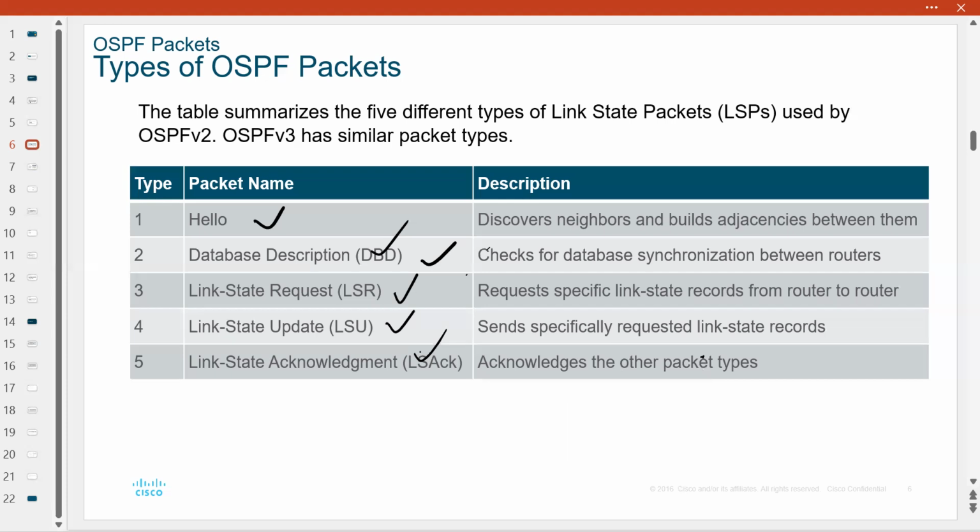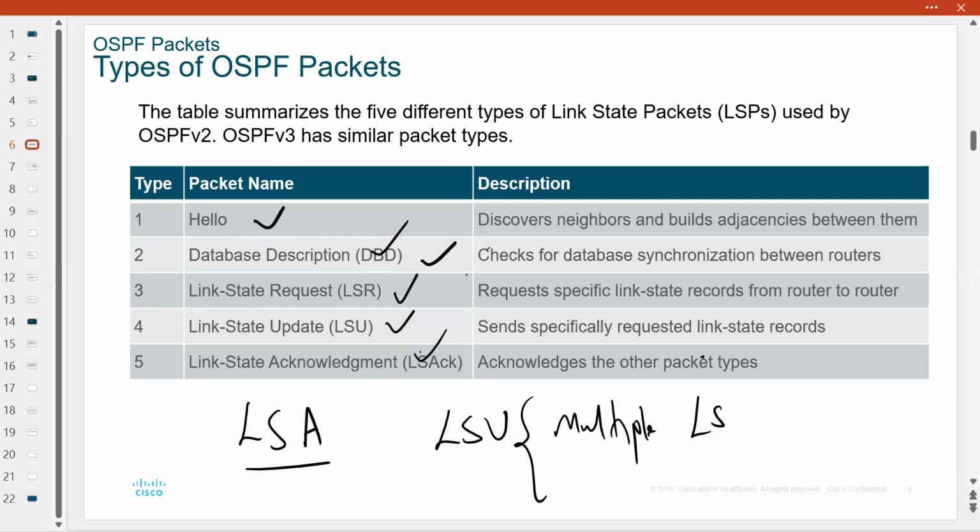The LSA, link state advertisement. Let me put it this way: an LSU, an update, is made up of multiple LSAs, advertisements.